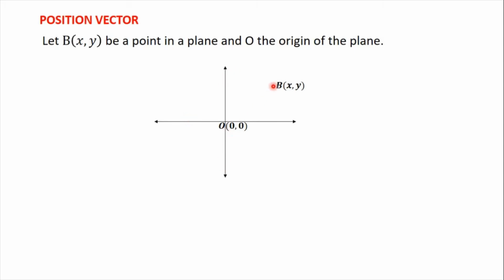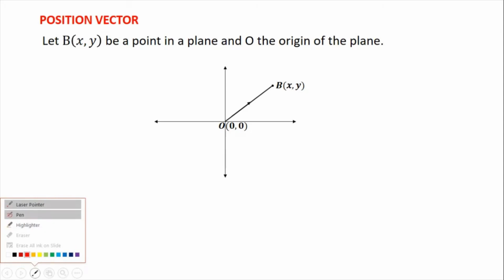We have this point here, and we are calling that point B. The coordinates of point B are x and y, and O is the origin of the plane, and the coordinates of O are 0, 0. If we join point O to point B, you can see that in the direction of the arrow, we have created the vector OB.